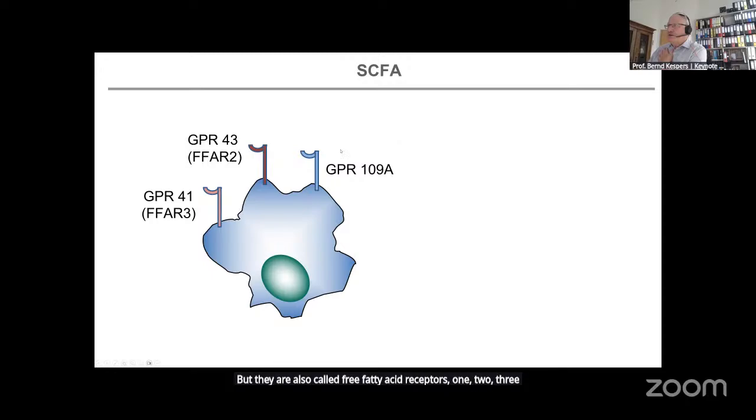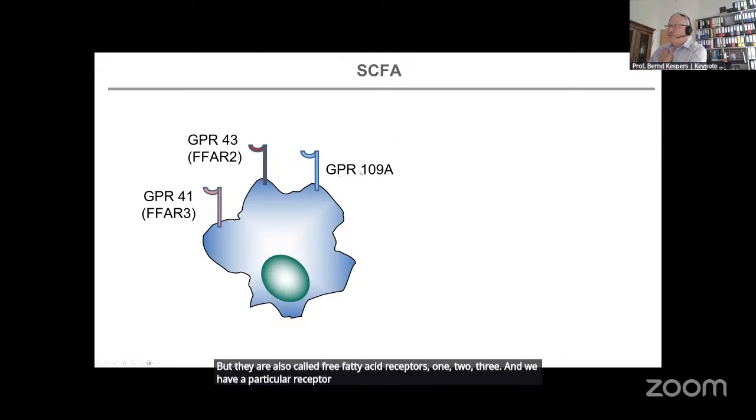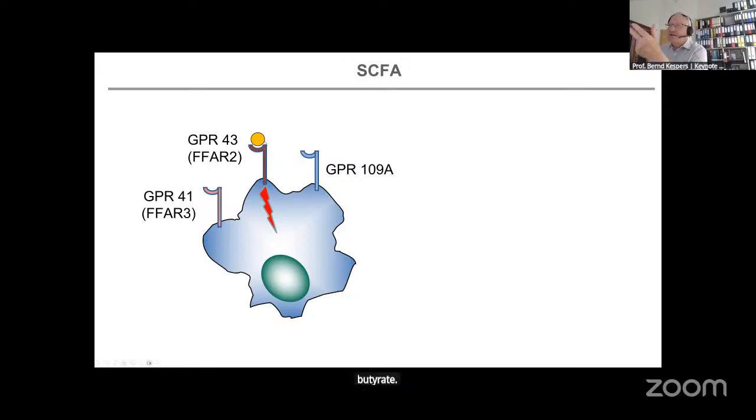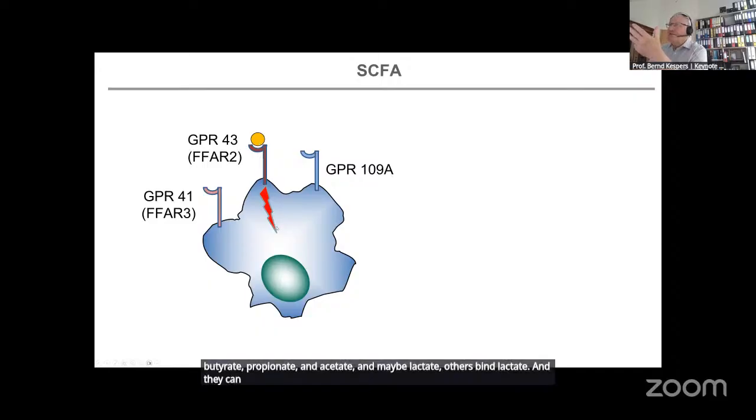And we have a particular receptor which is called GPR109A. These receptors are able to bind butyrate, propionate, and acetate, and maybe lactate. Others bind lactate. And they can then signal into the macrophage to produce some effector molecules.